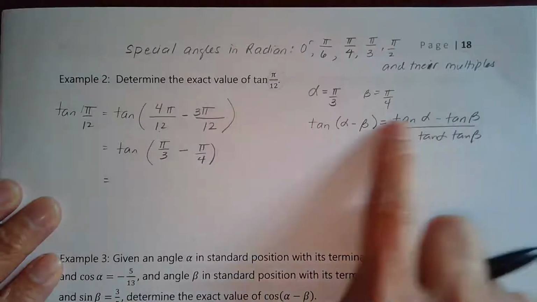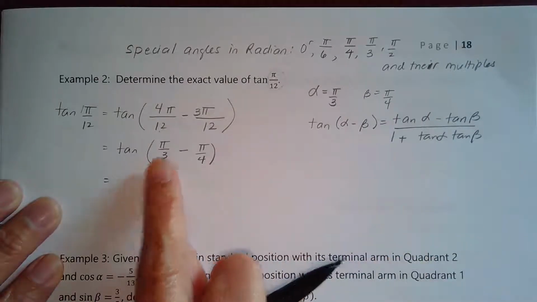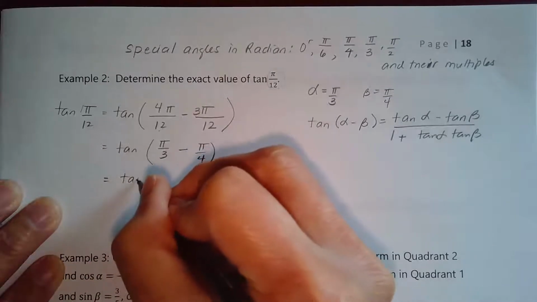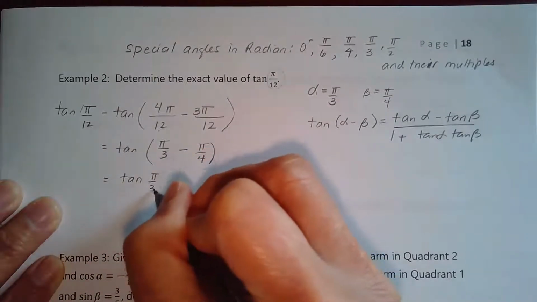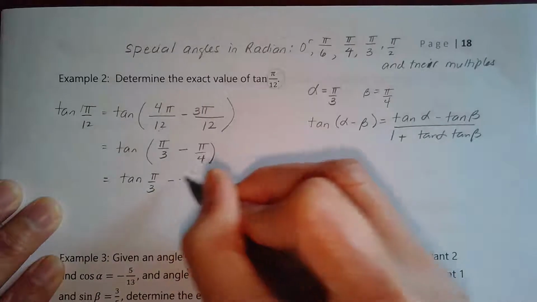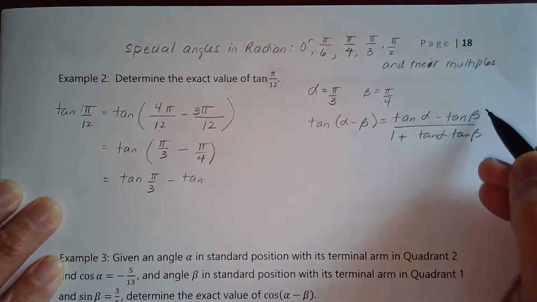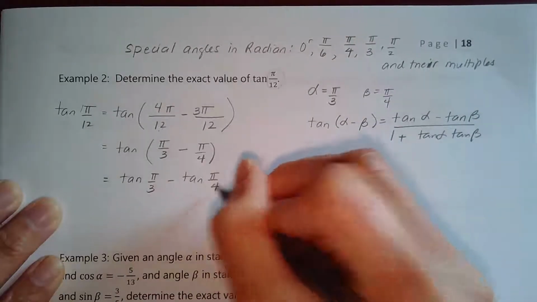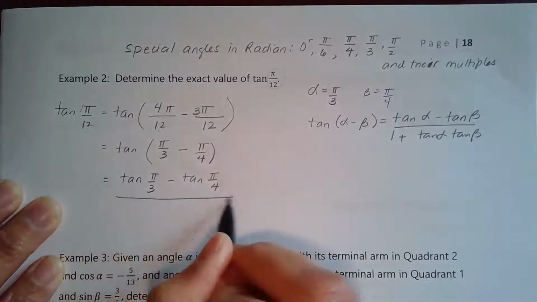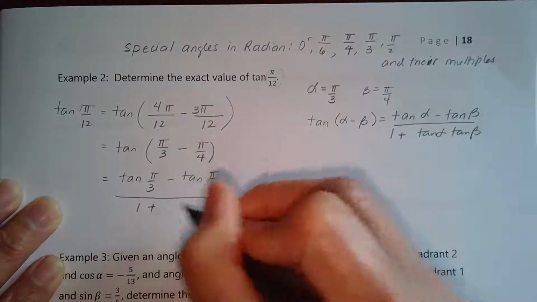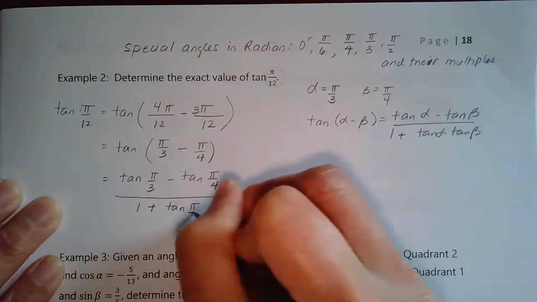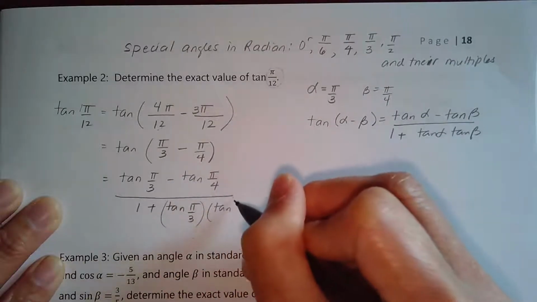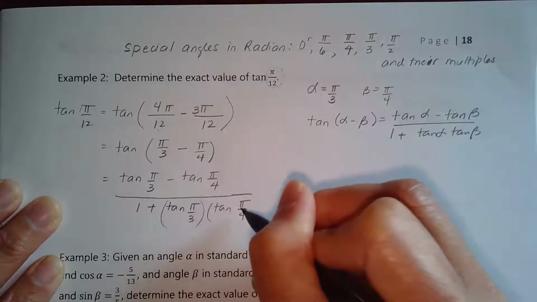This is what we're following because we have a difference of angles. So tan alpha, so tan of pi by 3, minus tan of beta, which is pi by 4, divided by 1 plus tan of alpha, so tan of pi by 3, times tan of pi by 4.